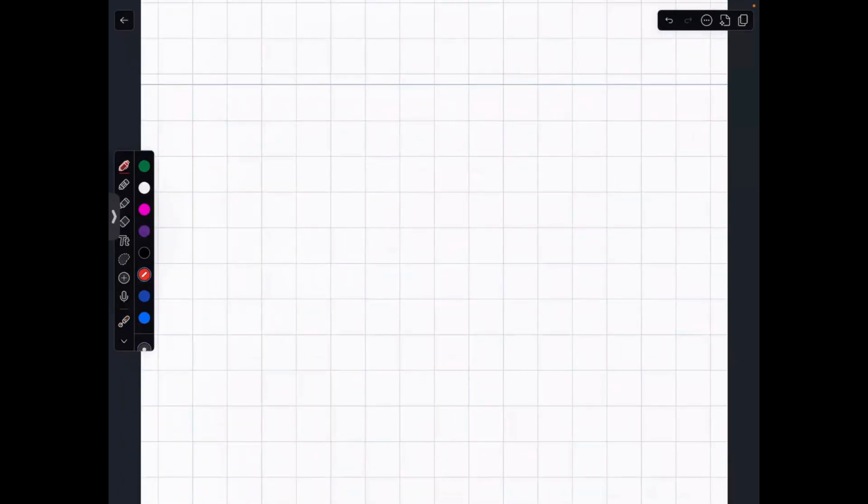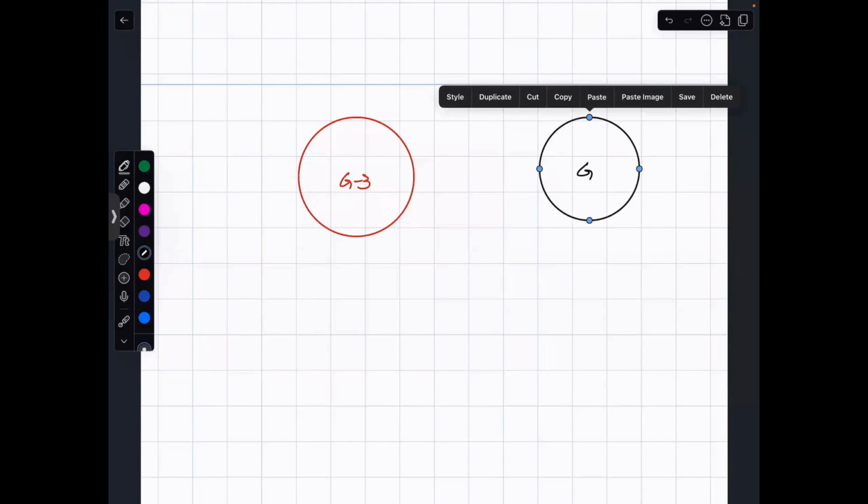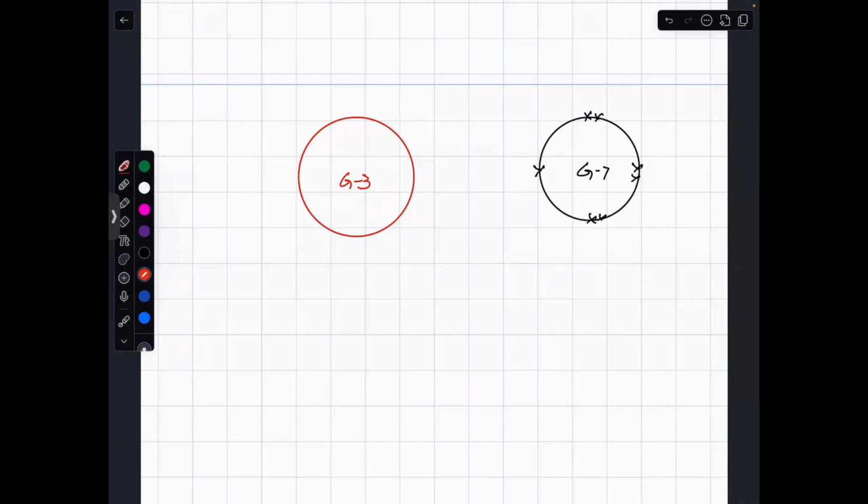Now coming to another example. If you have group 3 and group 7. 1, 2, 3, 4, 5, 6, 7. This is group 3.